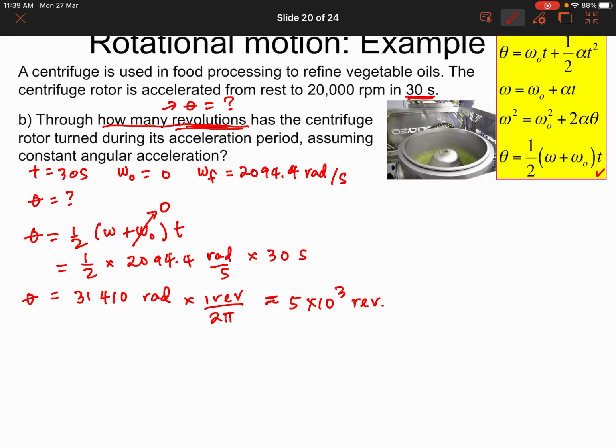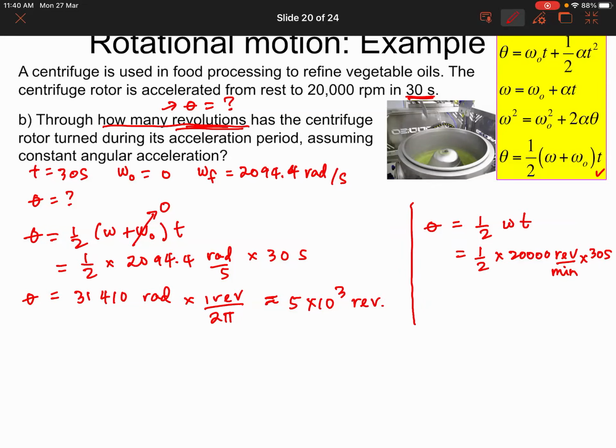So equivalently, you can also solve this without converting. So if you did theta is equal to 1/2 omega t without converting your omega, so your omega is 20,000 RPM, that's revolutions per minute, times time 30 seconds. But then you have to convert your minutes to seconds.